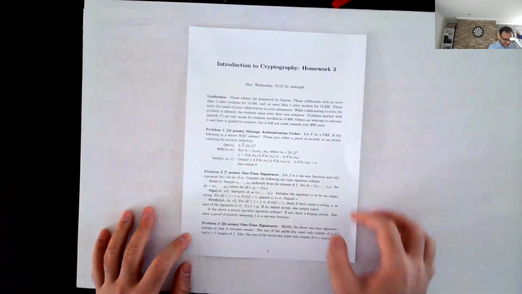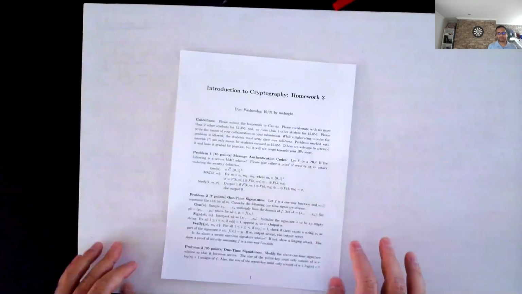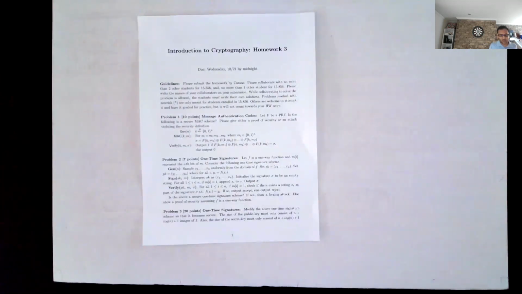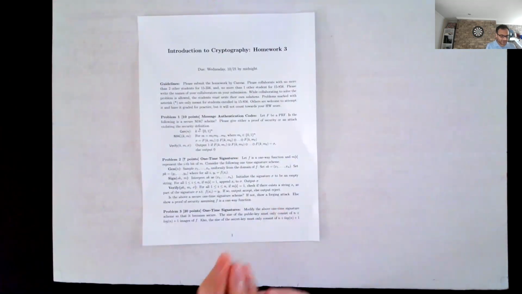In fact, the second problem as well, because they are connected. In the second problem, you are given a one-time signature scheme, which is clearly insecure. But it's insecure in a very interesting way, which will help us also solve the third problem.